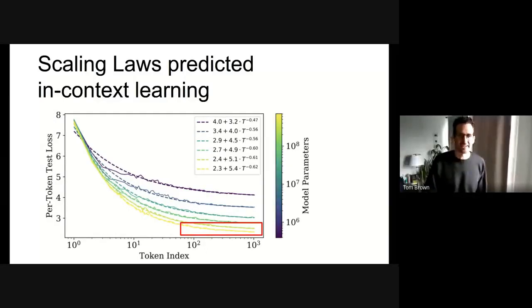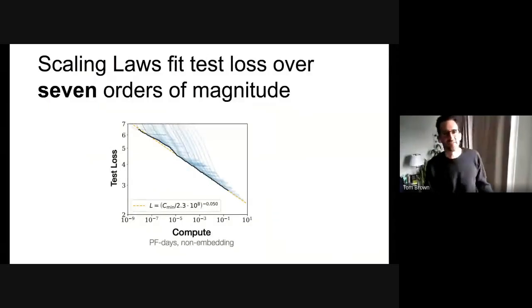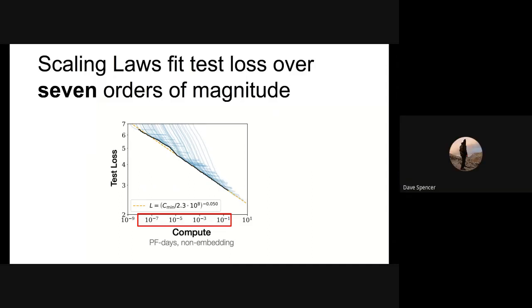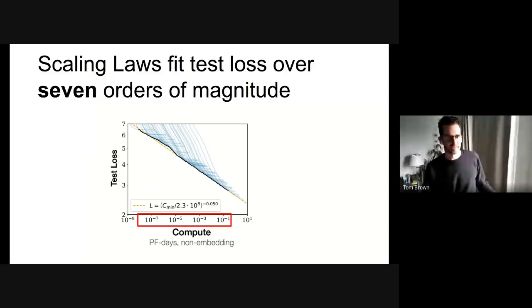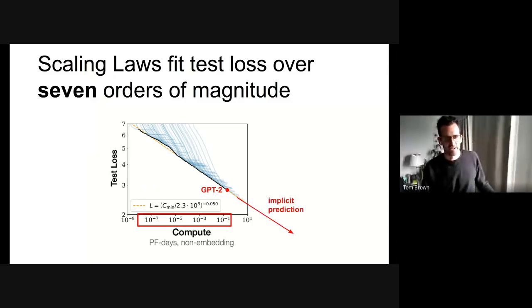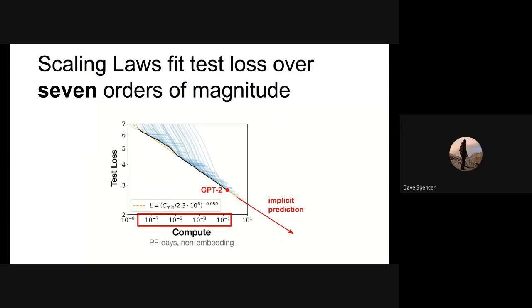Then the other thing that was quite surprising and interesting was that scaling laws fit the loss over 7 orders of magnitude, and 7 orders of magnitude is a crazy large amount. And if you put GPT-2 here, it strongly implied that we could continue this out at least another half of the graph maybe, and expect it to continue to be mostly straight.